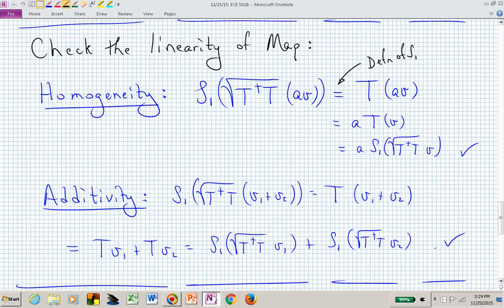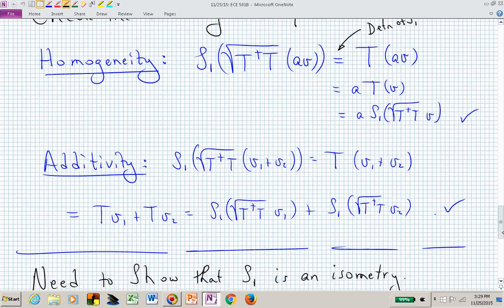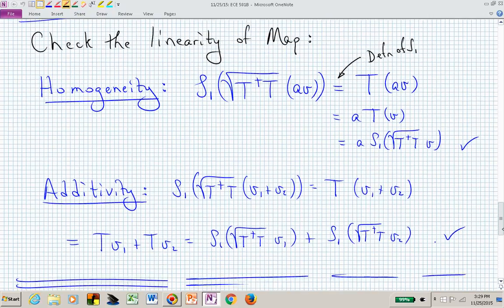Additivity is very similarly done. We just use the definition again and the linearity properties of the original map T, and then reapply the definitions, and we end up demonstrating that indeed S1 does have this additivity property. So it is a linear map.